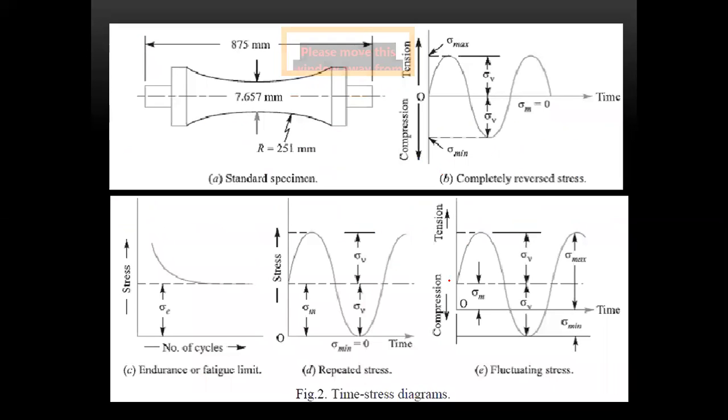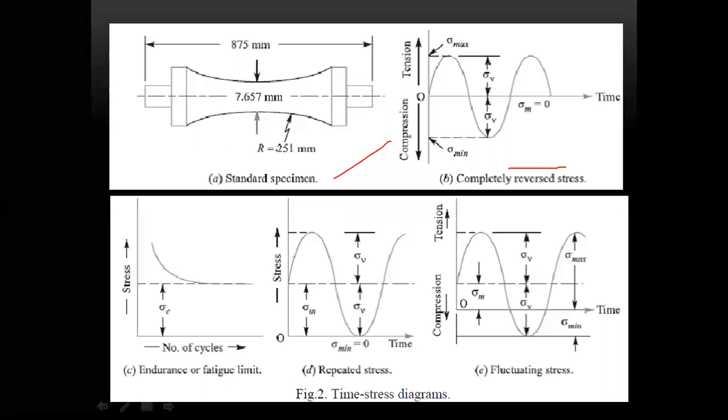Next, if you see the specimens of different time-stress diagrams, you can see various types of standard specimens, completely reversed specimens. See here, the radius is this one.